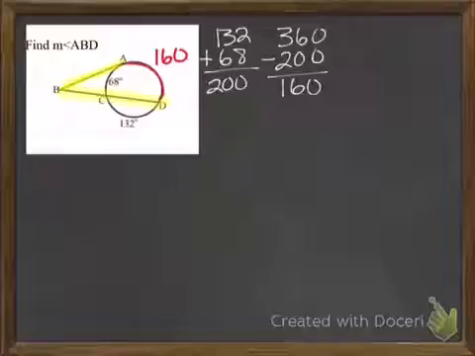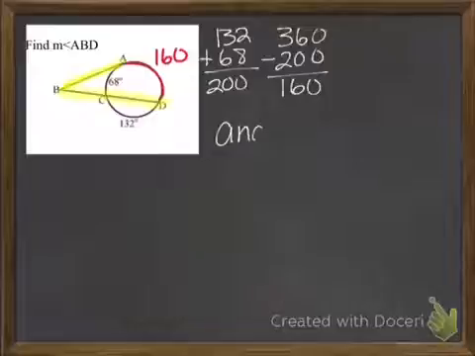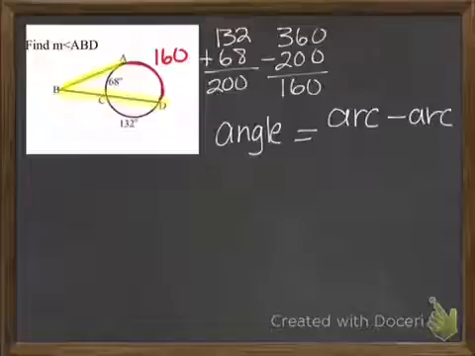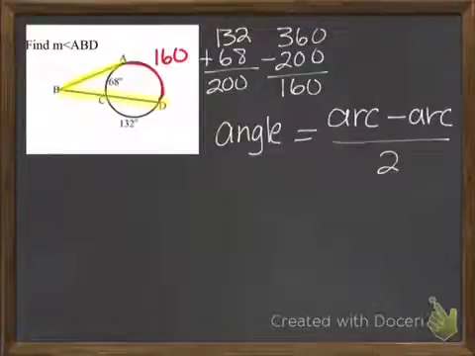After that, you have to determine what theorem you're going to use. Well, in this case, we're going to use angle equals arc minus arc divided by 2. So our two arcs are 68 and 160.